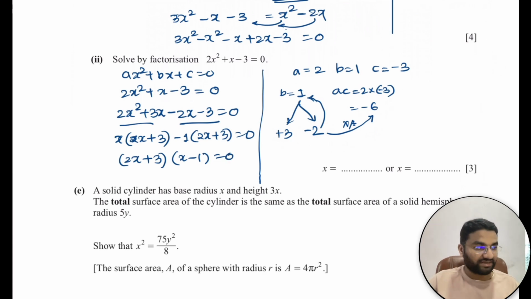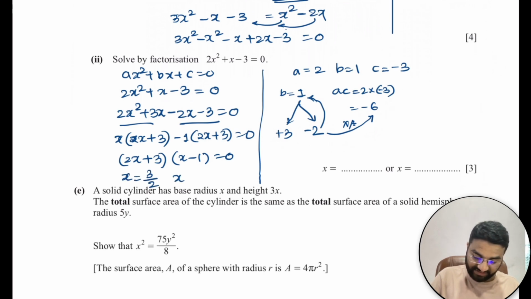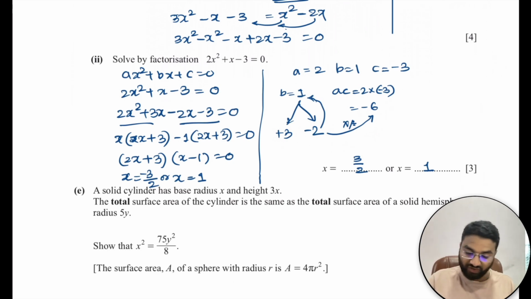That's the factorization we will get. And if you simplify this, we will get x is equal to negative 3 by 2 and x is equal to 1. So here you can write negative 3 by 2 and just 1.